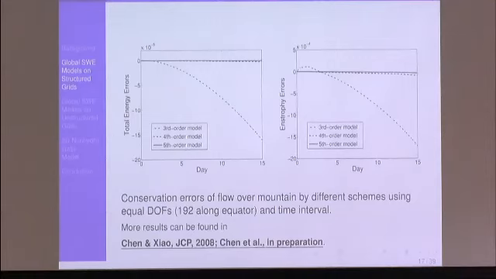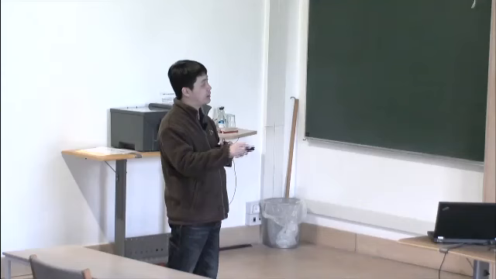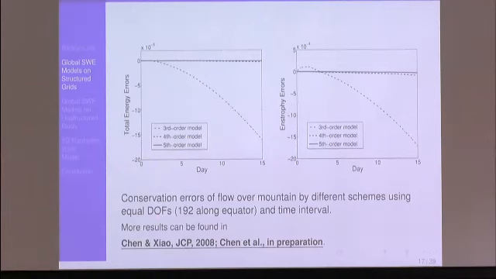Next, the present model conserves the total mass, but not the energy and entropy. This shows the energy and entropy errors for case 5, flow over the isolated mountain. We calculate this test with models of different orders, but same as before, we keep the number of degrees of freedom and the time integration interval the same.